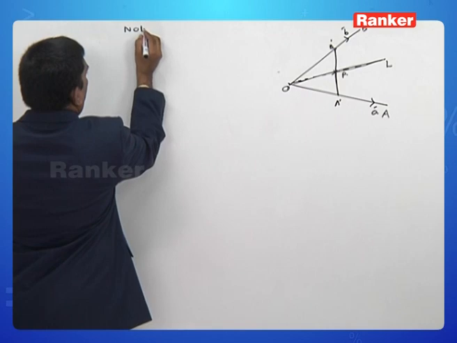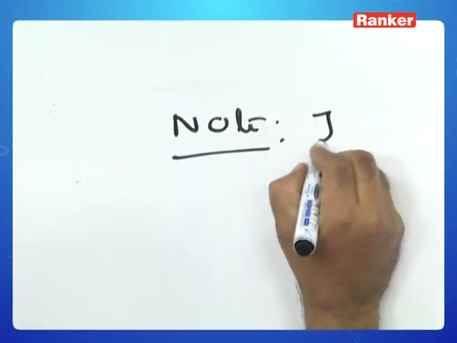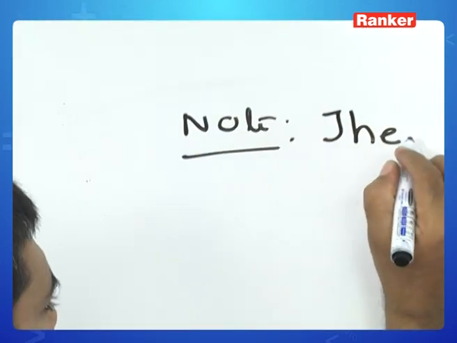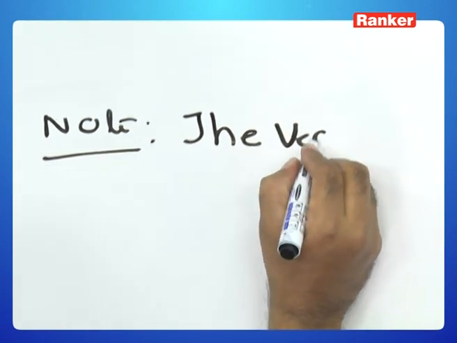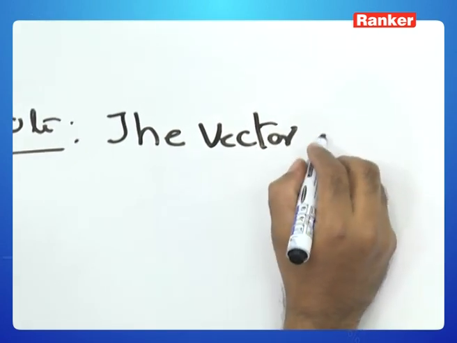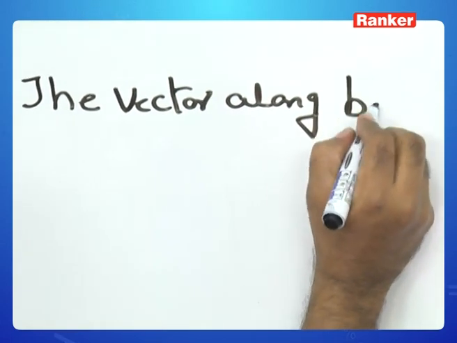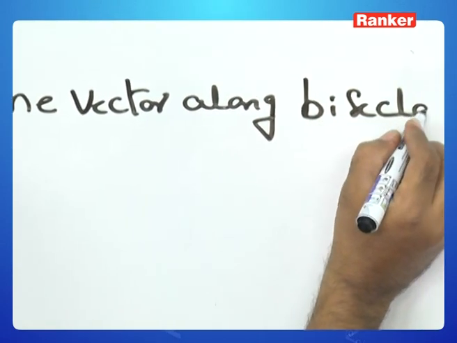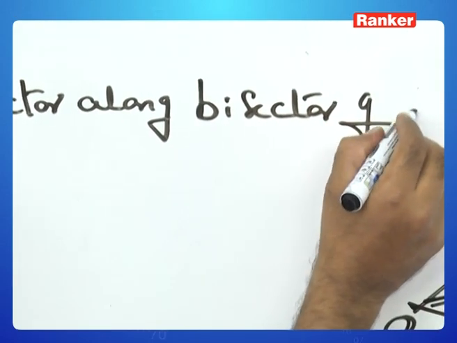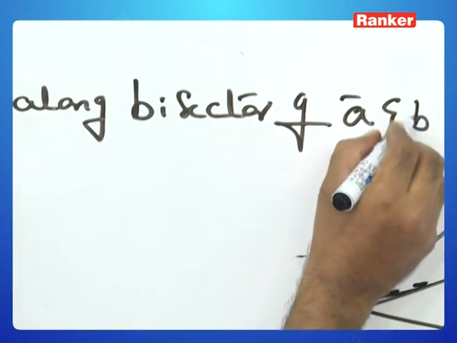So therefore, now I will write, note, the vector along the bisector of A bar and B bar.